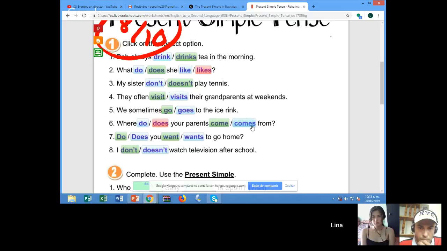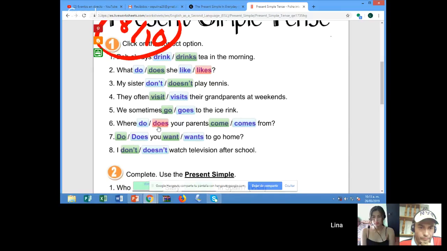4, 5, 6 one. Diana, remember, when it's parents, it's two persons. So it's you. So we say, where do your parents come from? We don't add the S, okay? Here we have one good and one bad.